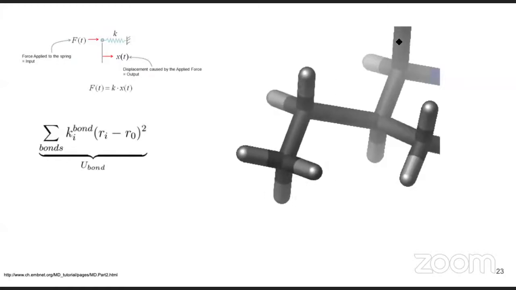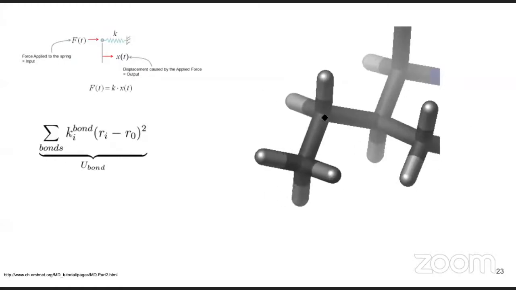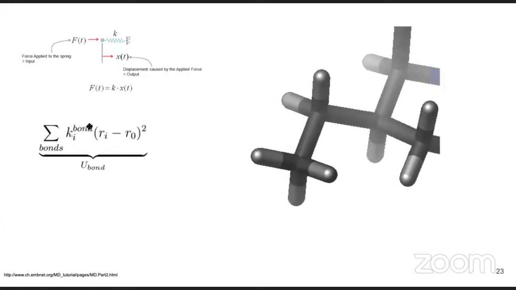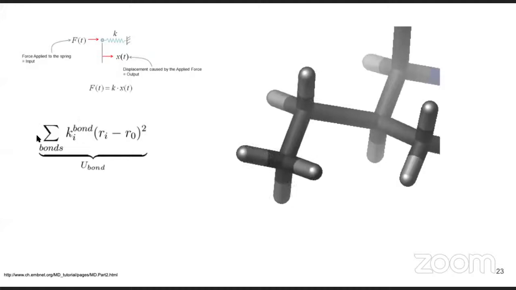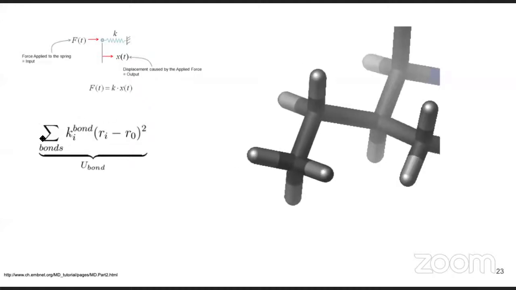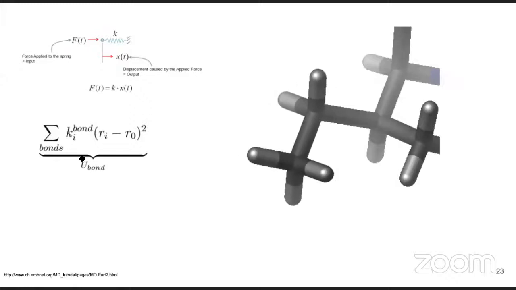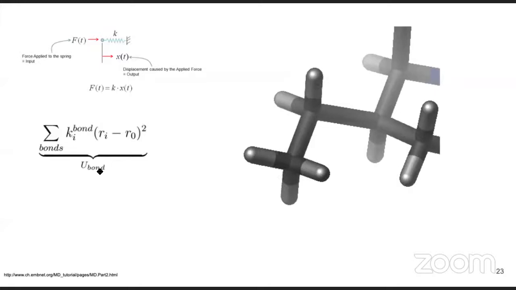And then you have this bond and this bond and this bond, and you have a lot of other bonds. So there is a summation sign because you're going to do this for all bonds in your system, and you're going to sum all of them up. When you sum all of them up, you will come up with something called the potential energy of all the bonds in your system.